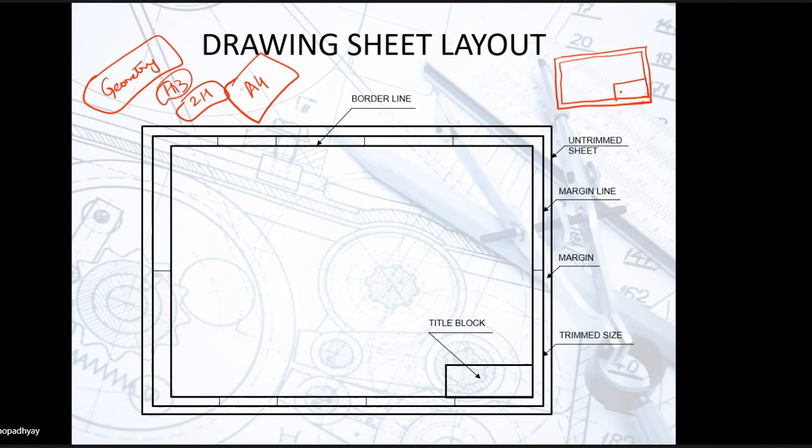In this title box, you have to write your name. You have to write your roll number. You have to write the name of drawing sheet. Say sheet 1, sheet 2, or say projection of points, projection of straight lines, all these things. So you should be having your name, your roll number, the name of the sheet, right?